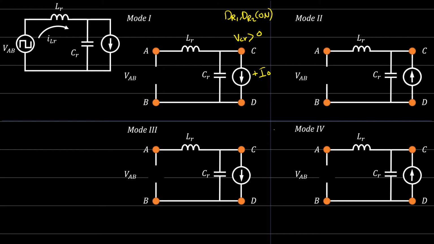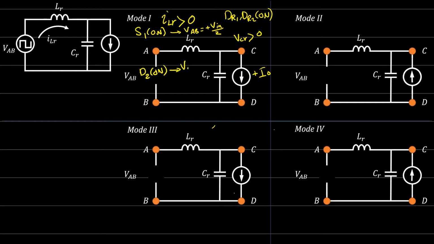On the input side, when the current is positive, I'll say this ILR is positive, and in this case, switch 1 is on if VAB is positive, if VAB is plus VDC over 2, and diode 2 is on if the input is what?